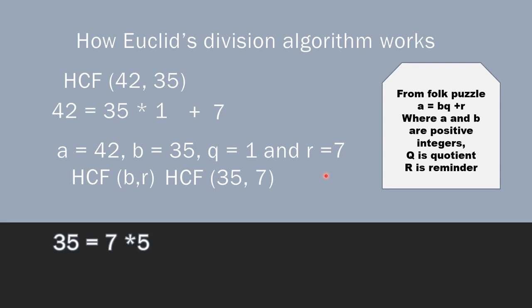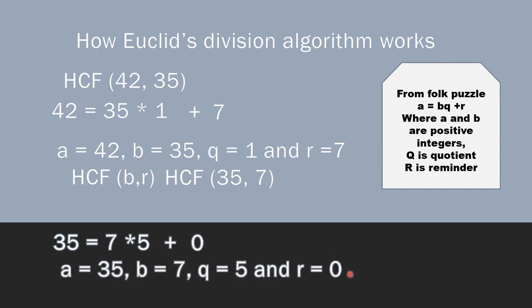Now 35 equals 7 times 5, plus 0. So we got the remainder as 0. So the HCF of 455 and 42 is 7.